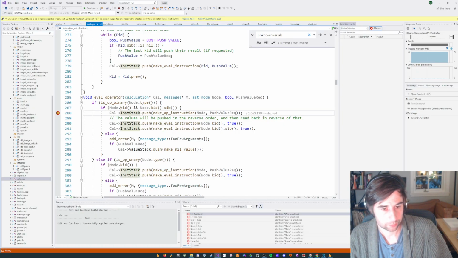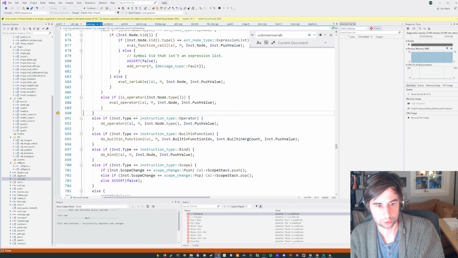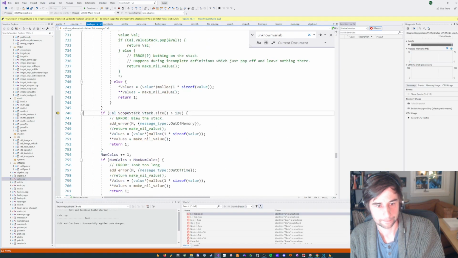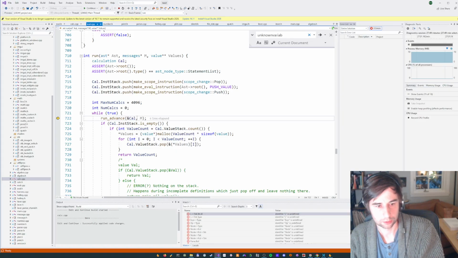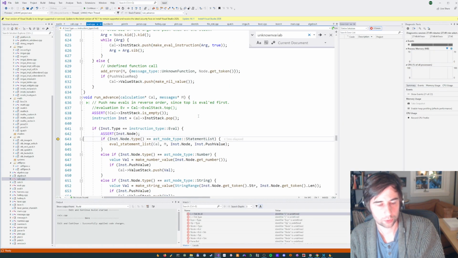Okay, so it has the kid and the sibling. So that means it got the two sides, and then it pushes the op instruction and then eval instruction on both of these. And then it will push those, and then it's gonna run again. And as it advances, it's gonna eval one of them.